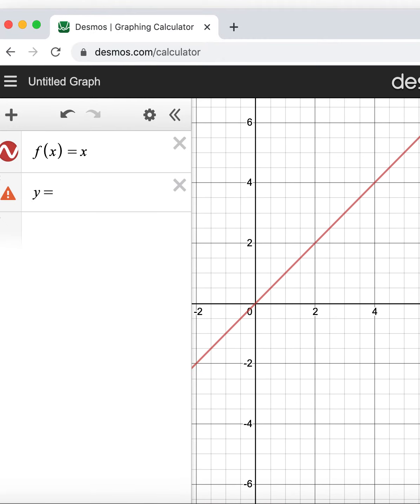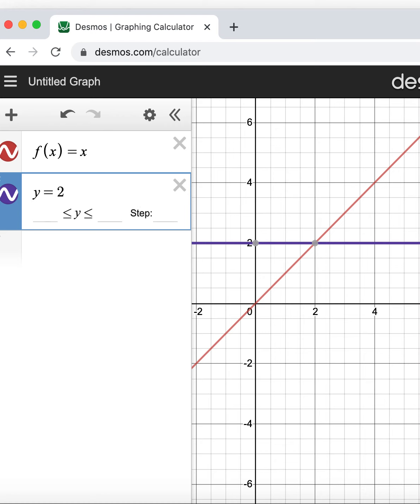Let's try y equals 2. This will create a horizontal line, and again, we're just looking for places where the horizontal line intersects with our curve. It only intersects once at a y of 2. So far it passes the horizontal line test.